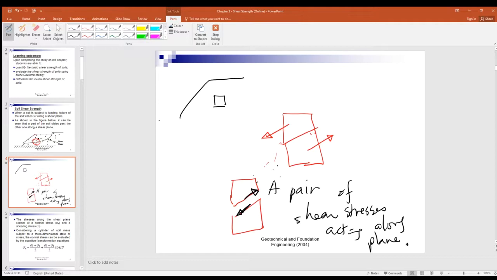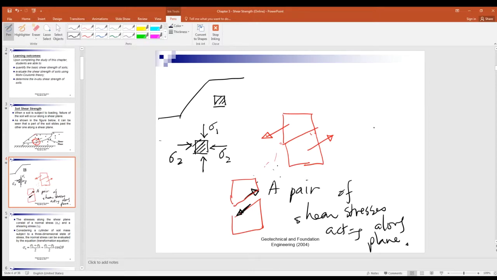There's a slope. So you got this element. You have the vertical stress sigma 1 and sigma 2.